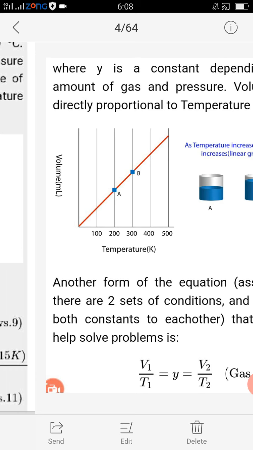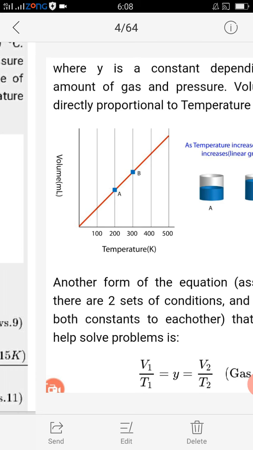It means when temperature is increased, volume will be increased. When temperature is decreased, volume will be decreased. A straight line shows the relationship between volume and temperature directly. A linear line means directly proportional. If we increase the temperature, volume will be increased.